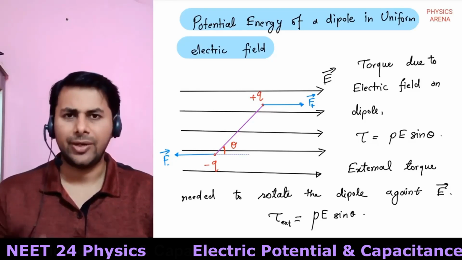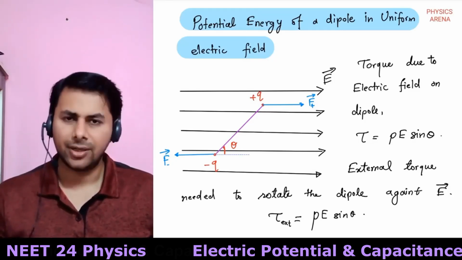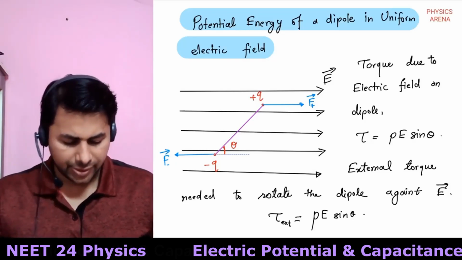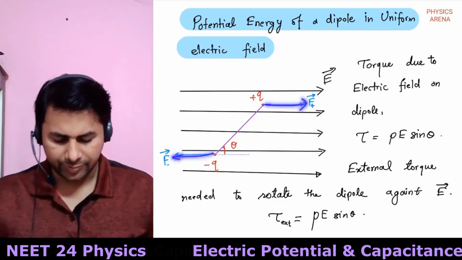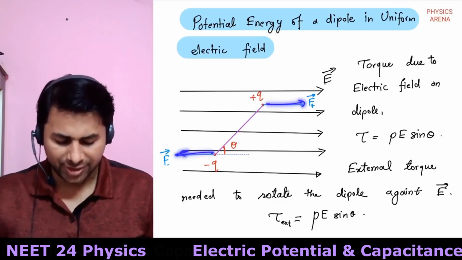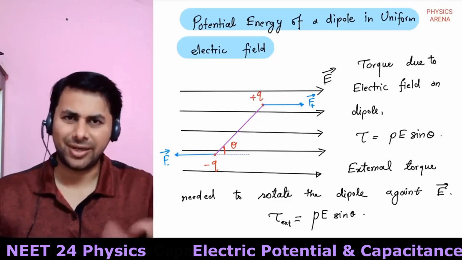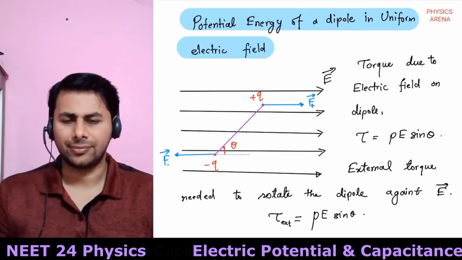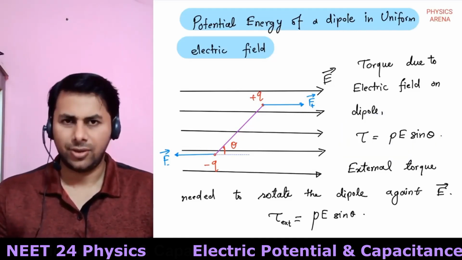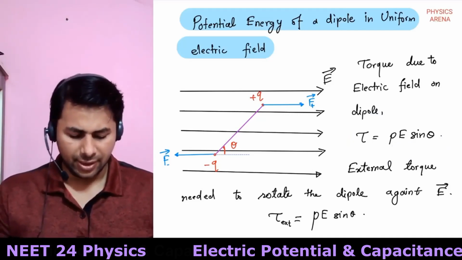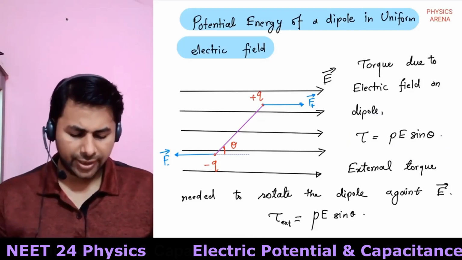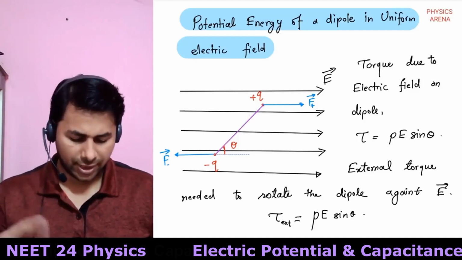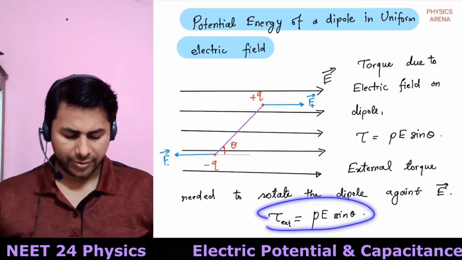Okay, and a couple exerts a torque, right? A couple rotates a body. So now this couple, due to these two forces, rotates this body, the dipole. So they exert torque equal to what? pE sin theta. Okay, torque is what? pE sin theta. So now suppose you want to rotate this body, the dipole, then how much would be the work done?